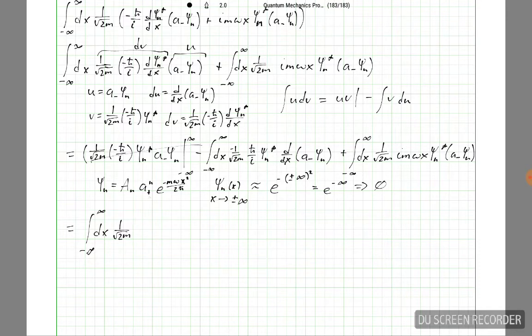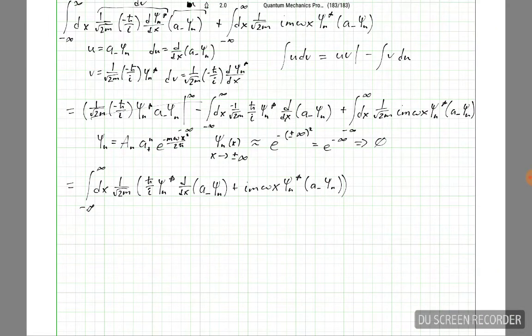So I have square root of 2m times h bar over i psi n complex conjugate d/dx of lowering ladder operator on psi n, and then that's plus i m omega x psi n complex conjugate, and then lowering operator acting on psi n.